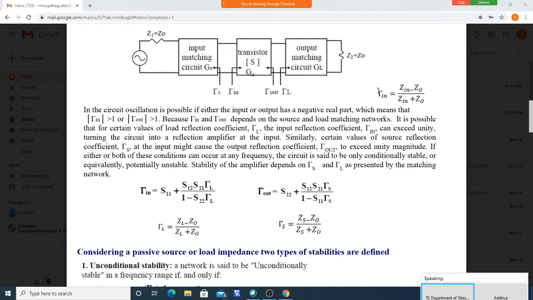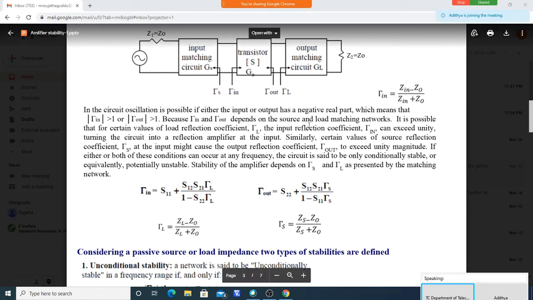Tau in equal to 0 means Zin equal to Z0. Z0 minus Z0 means 0. So tau in equal to 0 means matched condition. And the minimum value, it never becomes less than that.